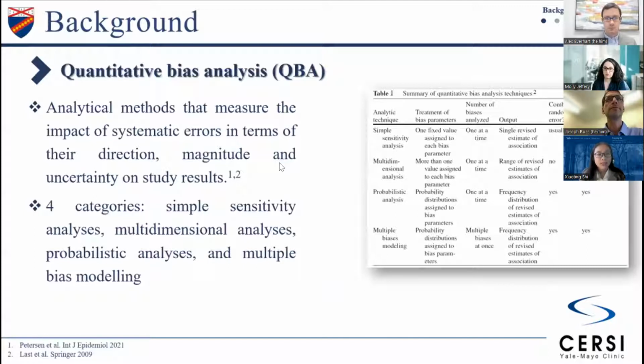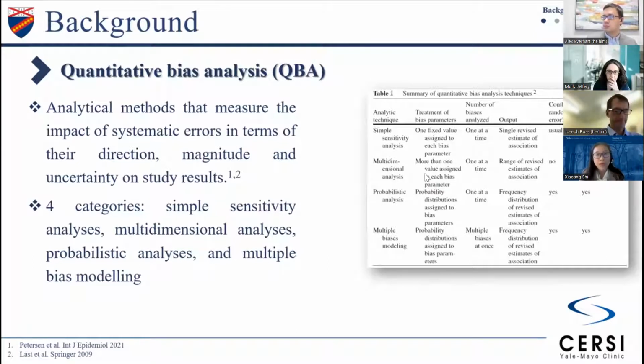So quantitative bias analysis, or QBA methods, are often applied to observational studies as sensitivity analysis to test the robustness of the study findings. And they're defined as analytical methods that measure the impact of systematic errors in terms of their direction, magnitude, and uncertainty on study results. And typically, they can be classified into 4 categories.